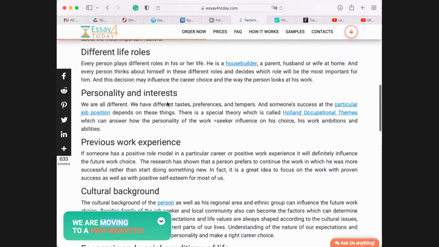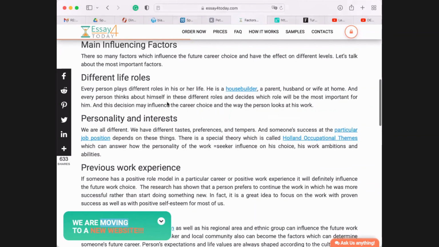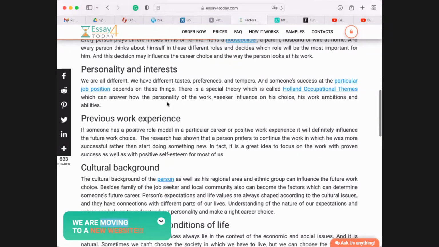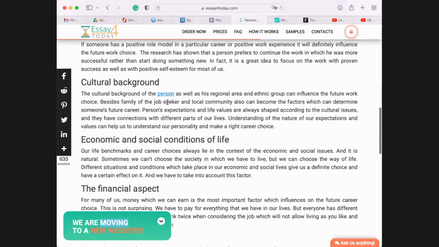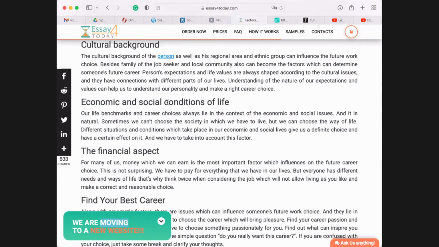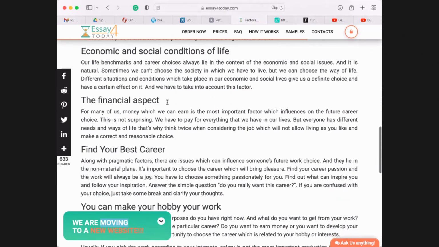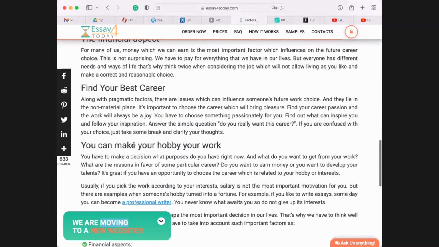So I will scroll again: life roles, personality and interests, work experience, cultural background, economic and social conditions of life, financial aspect, non-material, and hobby as a career choice.